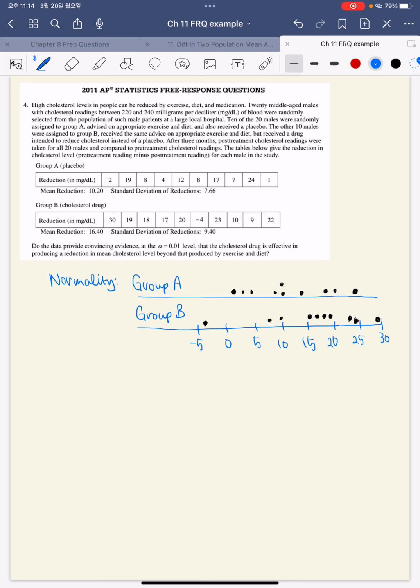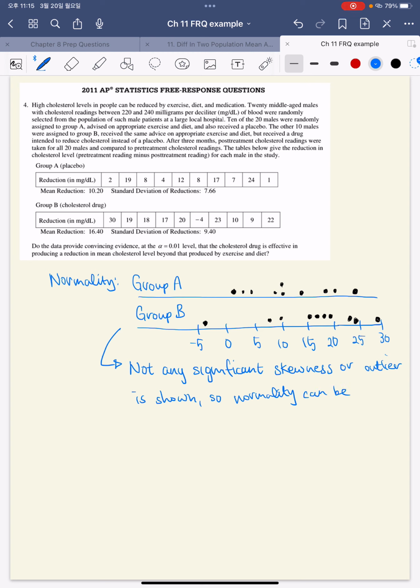So if you actually graph it, you can say not any significant skewness or outlier is shown, so normality can be assumed.